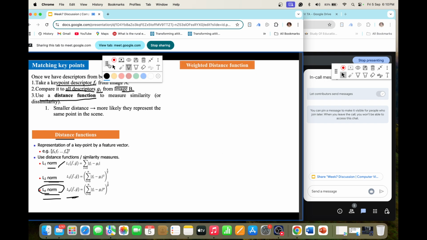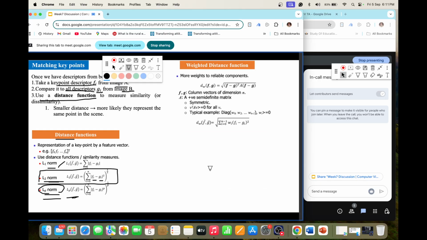Now we have another distance function called the weighted distance function. It is very similar to the L2 distance function. In the L2 distance function, when we compare the fi's and the corresponding gi's, we are not giving weights, or we are giving one weight, meaning equal weight to all the fi's and gi's. Here we give different weights for the corresponding fi and gi.